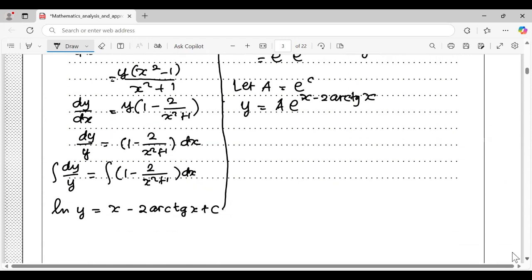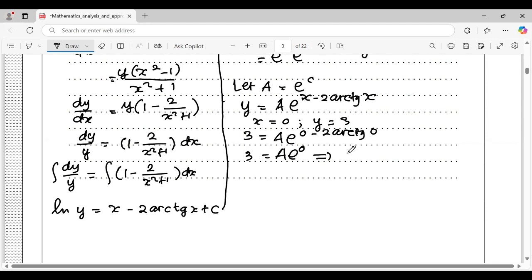So when x equals 0, according to the information, y equals 3, substitute into this equation and it becomes 3 equals a times e to the power 0 minus 2 arctan 0. 2 arctan 0 equals 0. So this equation becomes 3 equals a times e to the power 0. e to the power 0 equals 1.